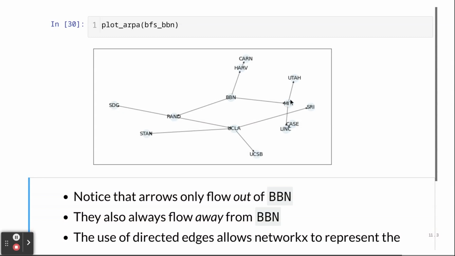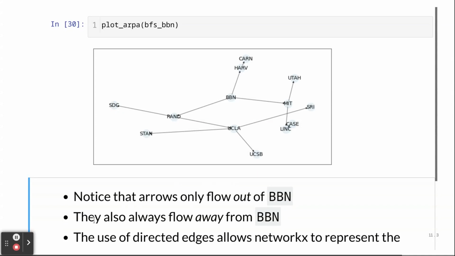Then, say we traverse this edge from BBN to MIT, we would then say, okay, once we're at MIT, where can we reach now that we couldn't before? And in this case, we have Utah, Link, and Case. Or if we said, now let's go to RAND and see what new nodes are, we can go to either SDC or UCLA.